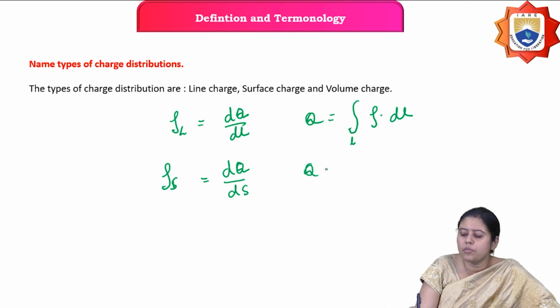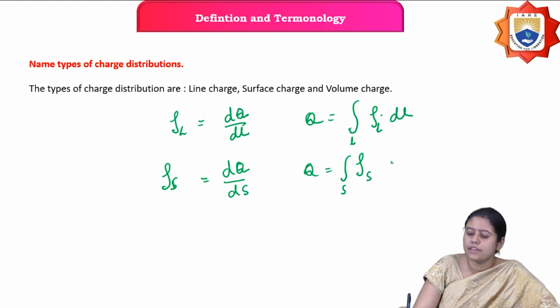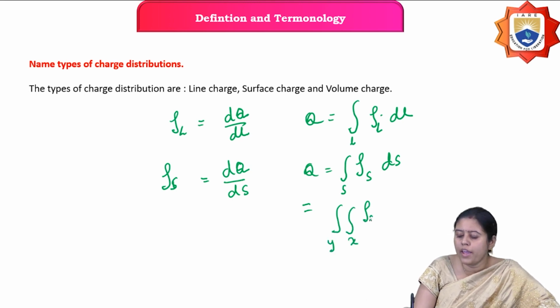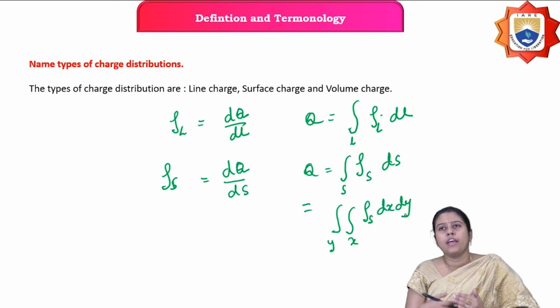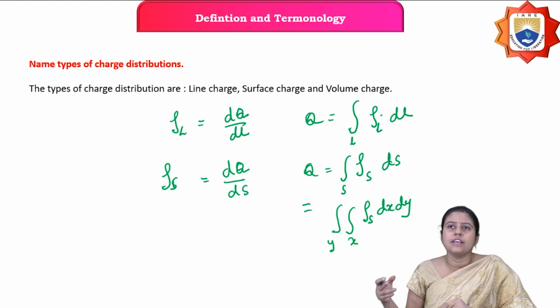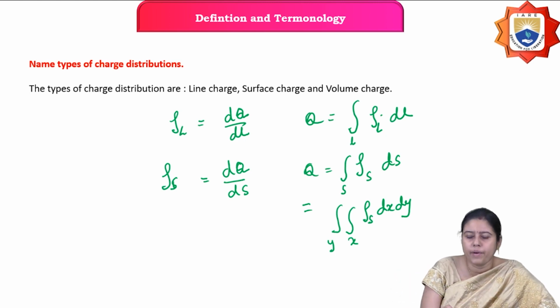So Q is equal to the surface integral of rho S ds. If it is an xy plane, ds is dx dy. It can also be dy dz or dz dx, so according to the surface, the integral will vary.